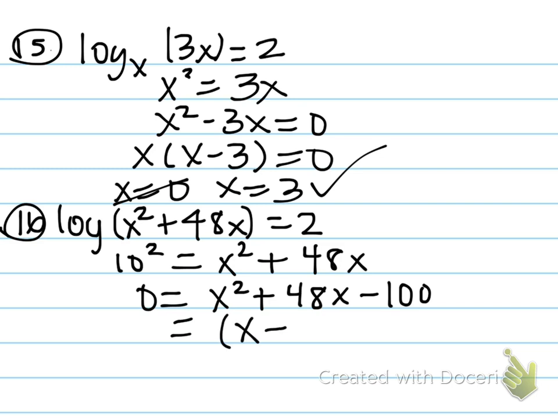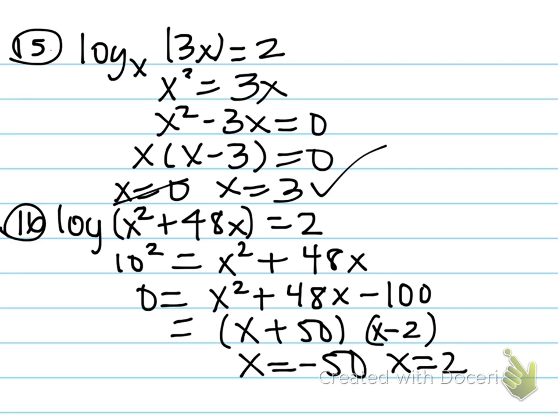Well, 50 and negative 2 will do that for me. So I have x equals negative 50 and x equals positive 2. When I plug in negative 50 here, negative 50 squared, negative times a negative is a positive, so that is an okay answer there. And then when I plug in 2, I still get a positive number, so we are good to go for both of these answers.